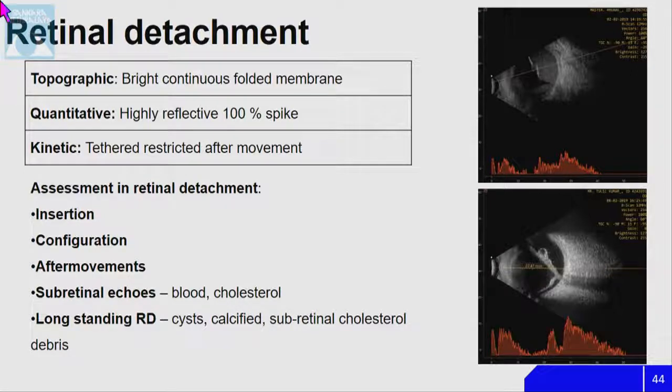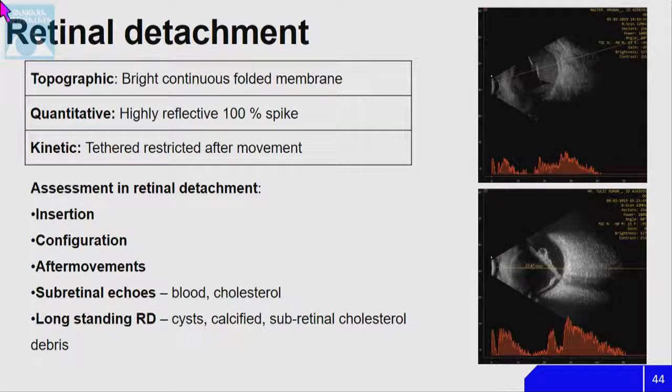So whenever we encounter a case of retinal detachment in ultrasound, we should assess the following factors, like insertion, whether always in retinal detachment, there is an insertion at the optic nerve head. In a total retinal detachment versus a subtotal, where the extent of the RD is, we have to make a note. And configuration of the RD, whether it is an open funnel RD or closed funnel RD, and when there is extensive PVR, it can be a triangular shape. All that we have to make a note of.